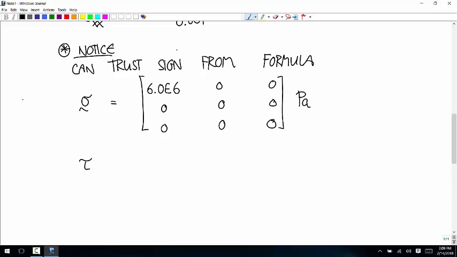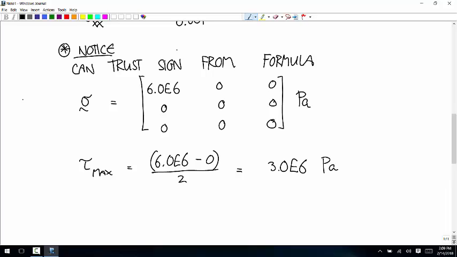Yep, so it would be at a 45-degree angle about y or z, and you just get a value of max principal stress minus min principal stress divided by 2, so half of this. So 6.0 times 10 to the 6 minus 0 divided by 2. So the maximum shear stress at this point would be 3.0 times 10 to the 6 pascals.